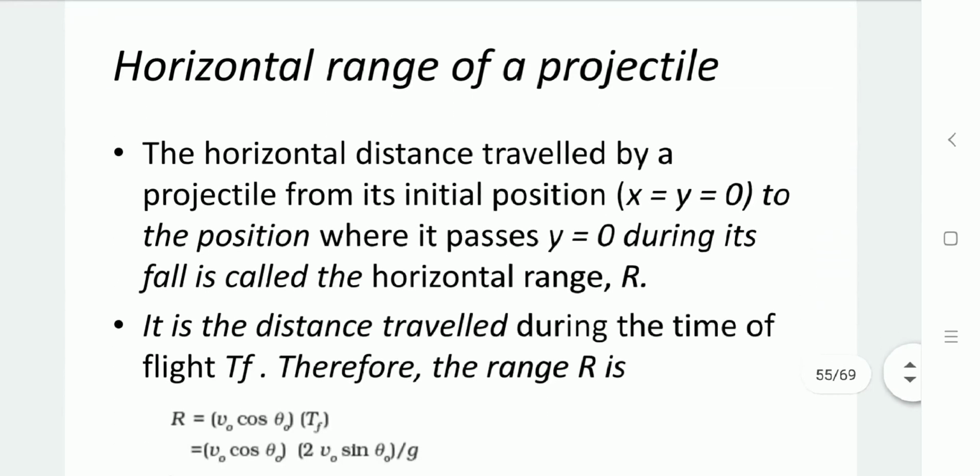Next, determine the horizontal range of the projectile. The horizontal distance travelled by a projectile from its initial position, x equals 0 and y equals 0, to the position where it again passes y equals 0; we want only the x component, the horizontal range.